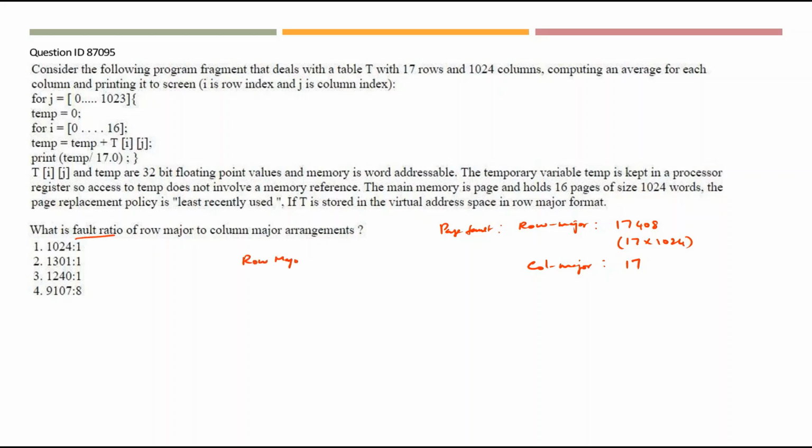So just place row major is to column major. Now you can mention it as 17 into 1024 is to 17. So 17 gets cancelled. So 1024 is to 1. Option number 1 will be the right answer. When you have lots of time, you can divide 17,408 by 17 and bring it to 1024. It's your choice. With this, we are completing Unit 2 questions.